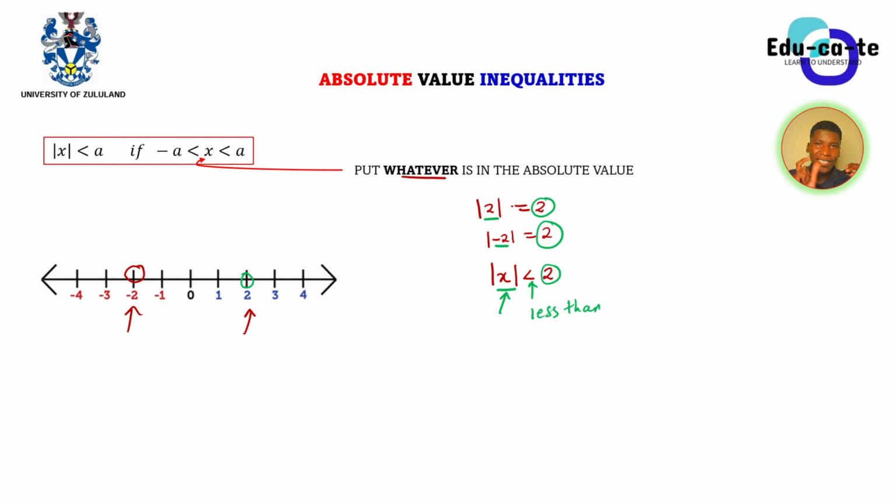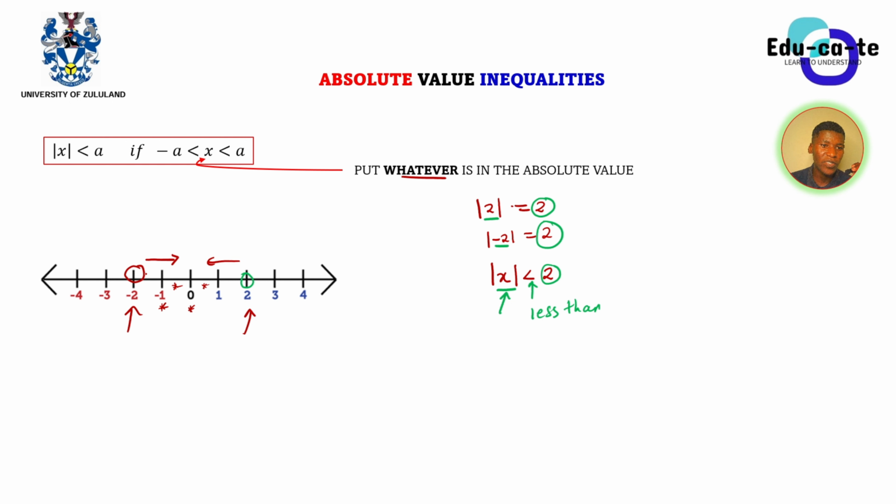To get a distance that is less than 2, I need to stand at these points, negative 2 and positive 2, and take all the values between negative 2 and positive 2. It can be negative 1, it can be 0, it can be negative 1 over 2, it can be positive 1 over 2, but any value that will give me a distance, an absolute value, that is less than 2.